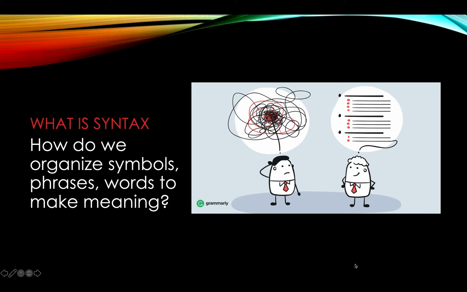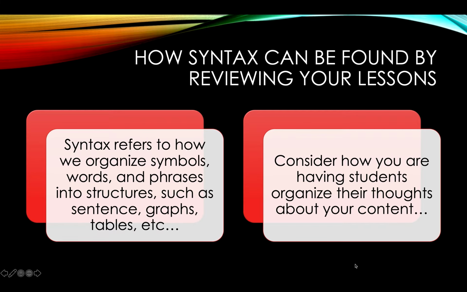So, how are you organizing what goes into making meaning of your content? So this can be how we organize symbols or words or phrases, and we're organizing them into structures where we can understand them. How do they make meaning, and how do you help your students organize these different symbols, words, and phrases to make meaning?